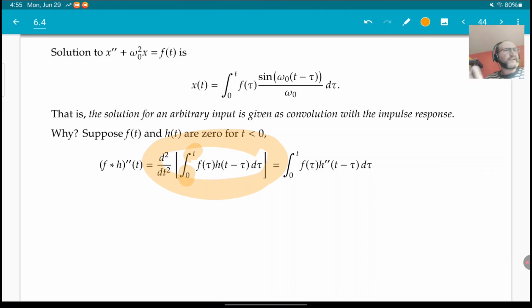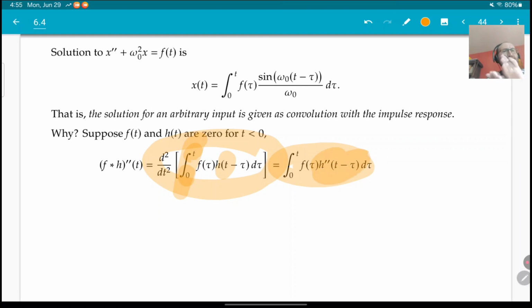So you're going to get this formula, and you want to think of it as the integral from minus infinity to infinity. That's maybe the better way of thinking about it. If you apply the standard rule for differentiating under the integral, all that happens is that you're differentiating this t. It's this t, so you're not differentiating the f, you're differentiating the h.